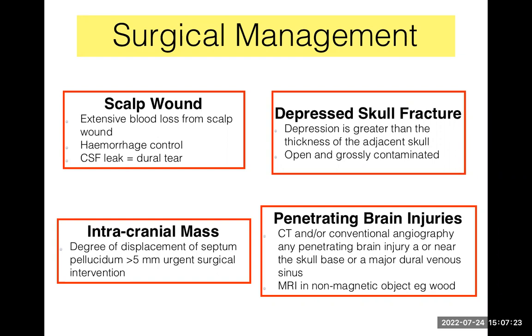Or when there is intracranial bleeding or mass with displacement of the septum pellucidum of more than 5 millimeters, urgent surgical intervention is necessary. And whenever there are penetrating brain injuries, basically CT, and this will obviously need neurosurgical intervention as well.